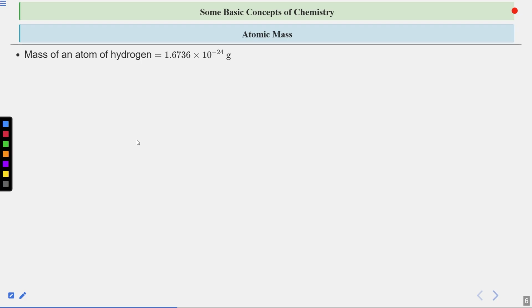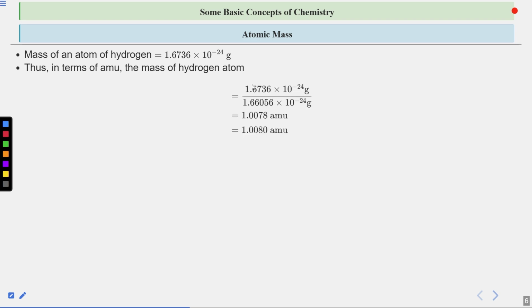Now, we know with the help of the spectroscopic method that the mass of one hydrogen atom is 1.6736 × 10^-24 gram. So how will we calculate the atomic mass in AMU for the hydrogen atom? It's very simple.